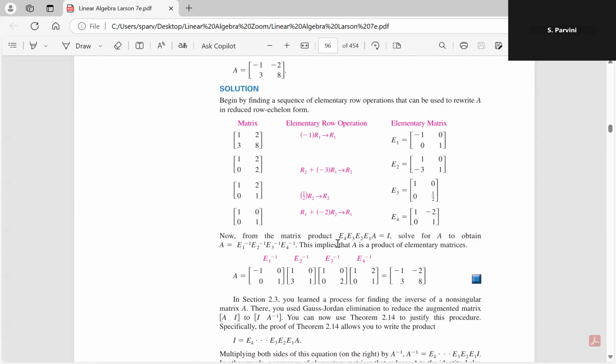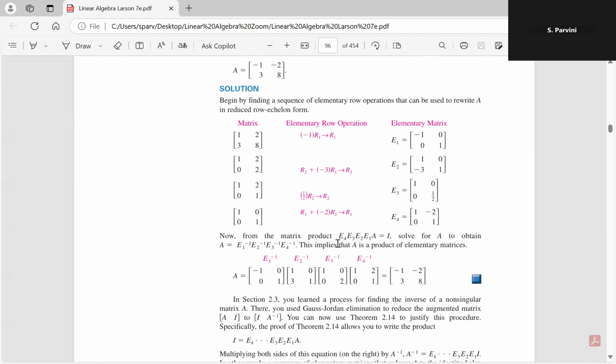Let me write down first, and then I switch to my pad. Okay, so I have E4, E3, E2, E1 times A equals identity.